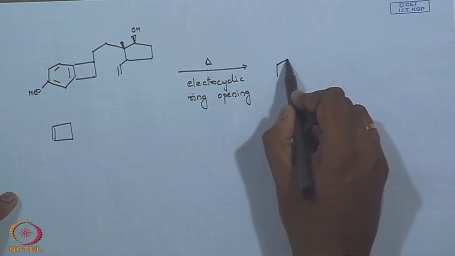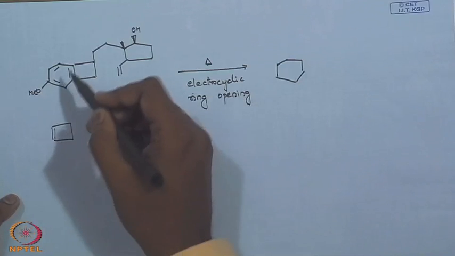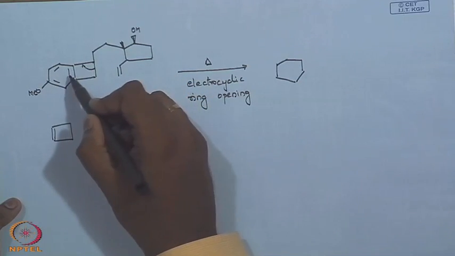So what will happen now if the bond breaks? Because it is a ring opening system, I can push this.